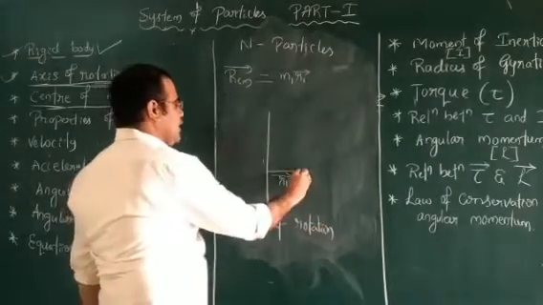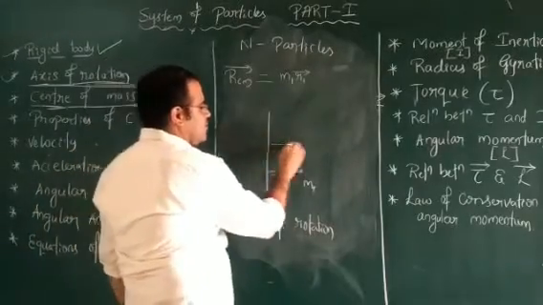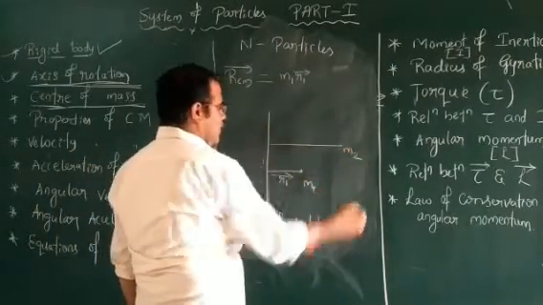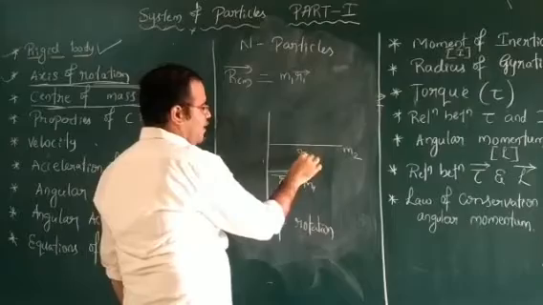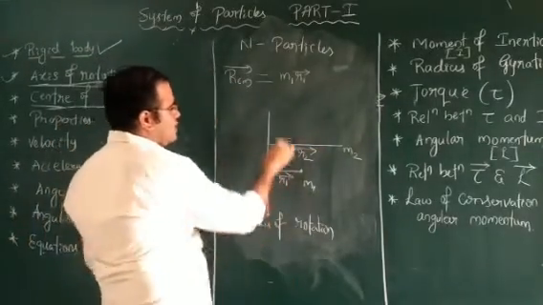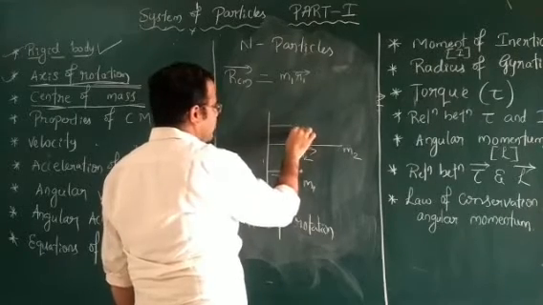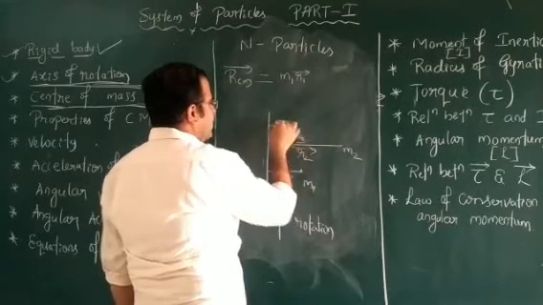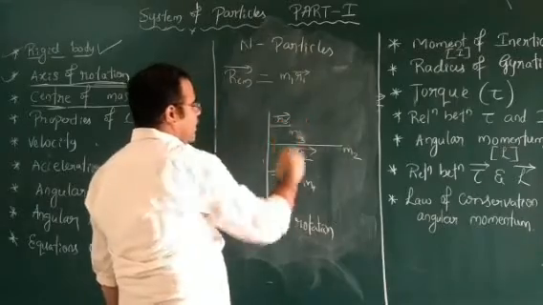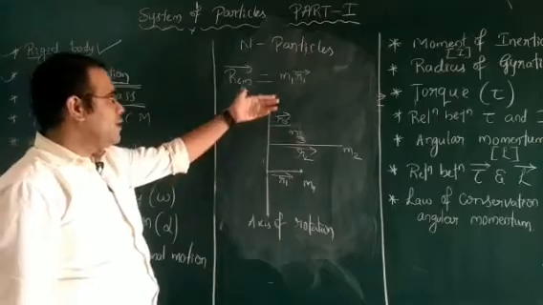The first particle has a mass of m1, and the second particle has a mass of m2 and a position vector r2. Similarly, the third particle has a mass of m3 and a radius vector given by vector r3. Like this we observe n number of particles.